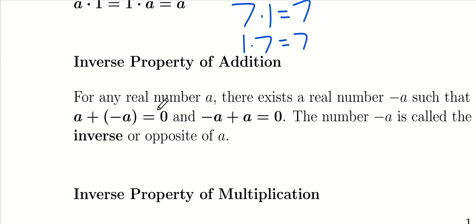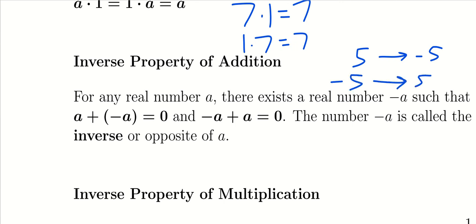We have what's referred to as the inverse property of addition, which says that if you take any number and you add its opposite to it, that's going to result in 0. The additive inverse of any number is that number's opposite. So the additive inverse of 5 would be negative 5. Similarly, the additive inverse of negative 5 would be positive 5.